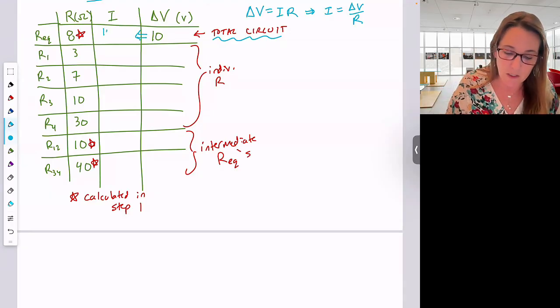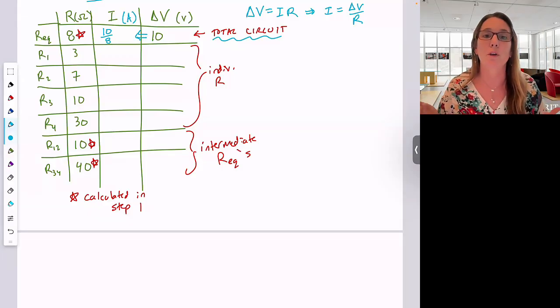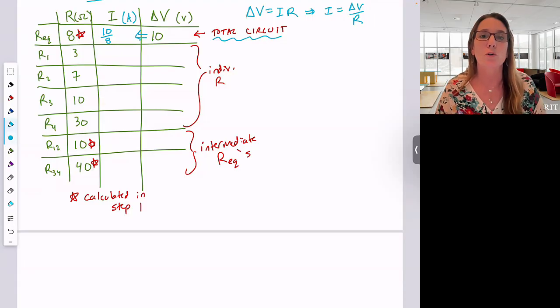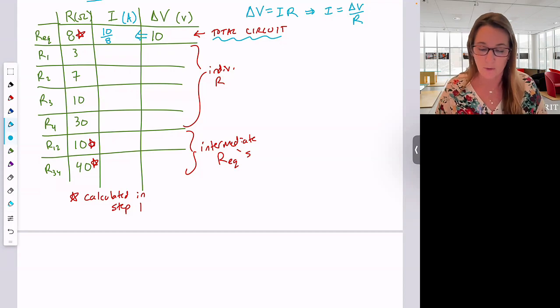This is going to be 10/8, with units of amps because I have regular ohms and regular volts in this problem. That 10 volts was just given in the problem. The individual resistors were given, we calculated the equivalent resistance, and that now gives us our total current through the circuit.